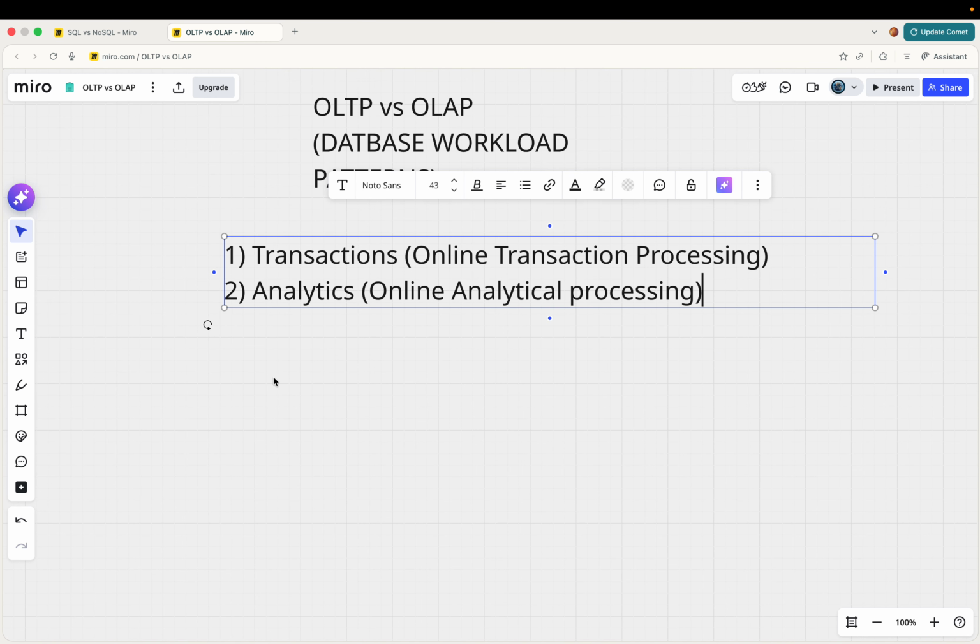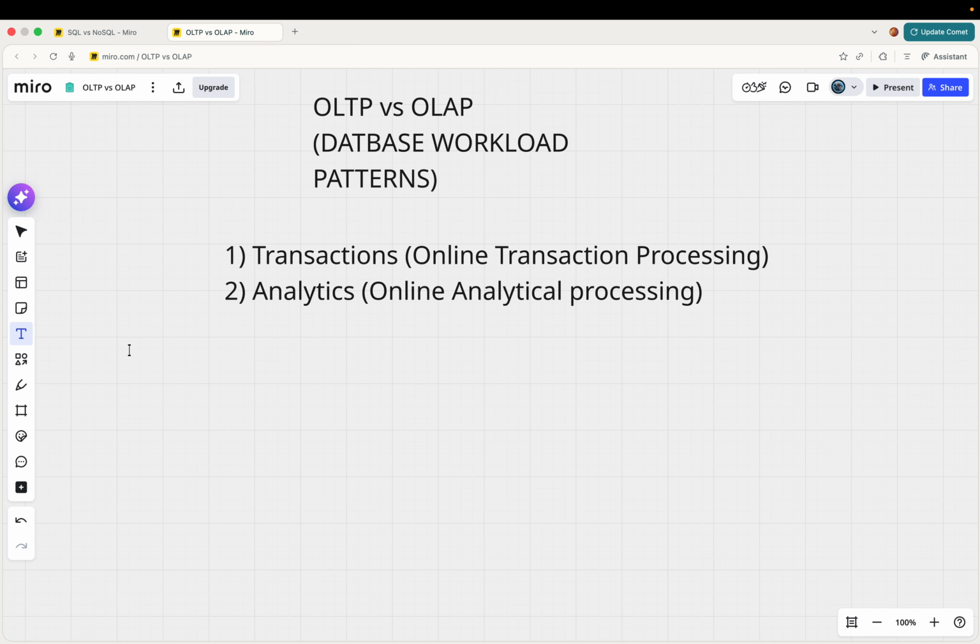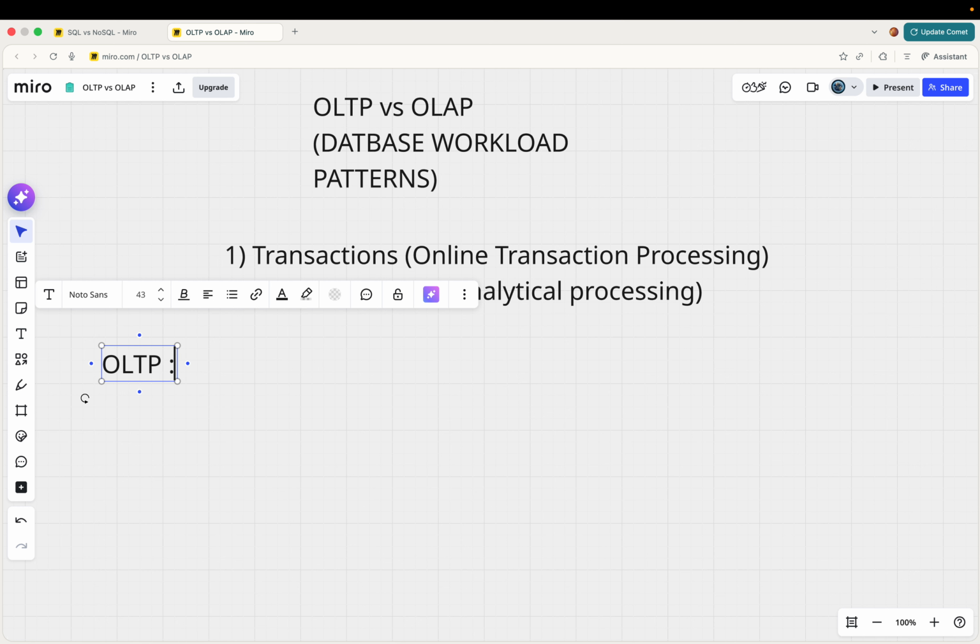So if we see OLTP, let's look at an analogy. Generally, when a customer buys an item or updates inventory, a sale is recorded.